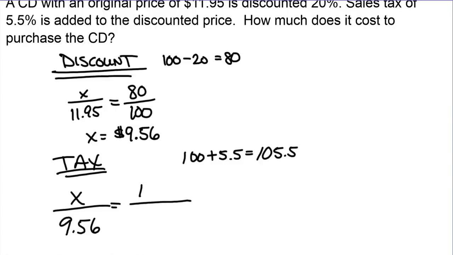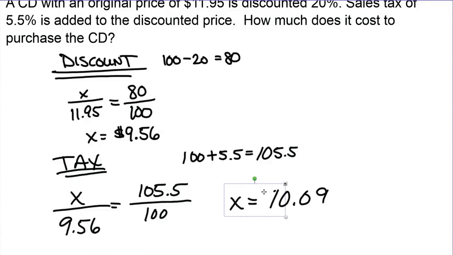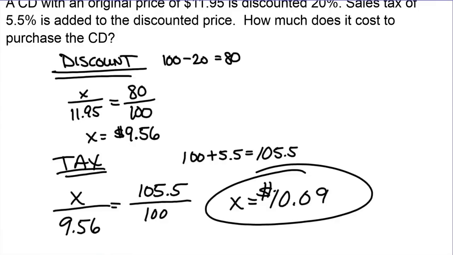So now I'm going to use that in my proportion, 105.5 out of 100. And then if I solve this proportion, you get X is $10.09 rounded to the nearest penny. So that is going to be the cost of the CD after the discount and after tax. So when you have discounts and tax, go ahead and take that one step at a time. And that is finding discounts and markups.